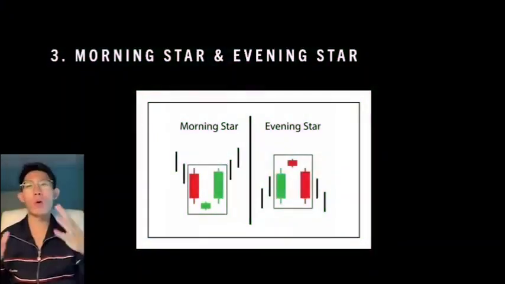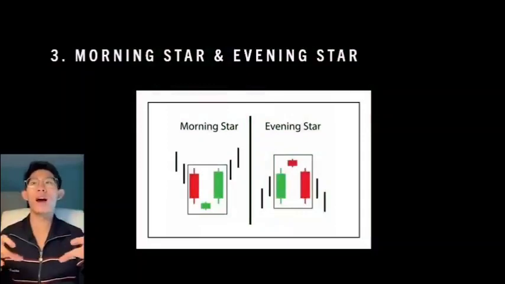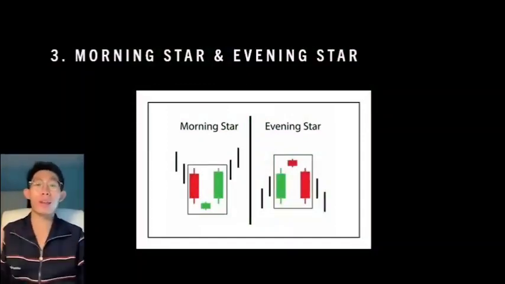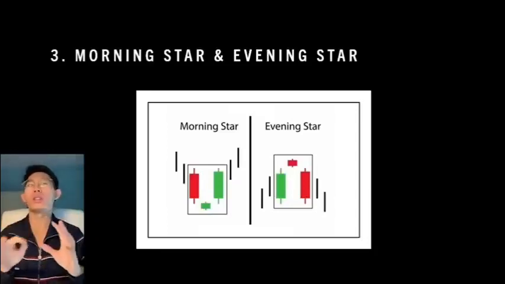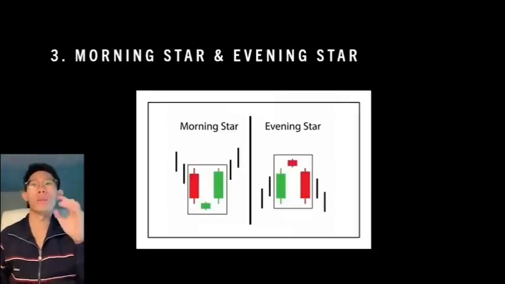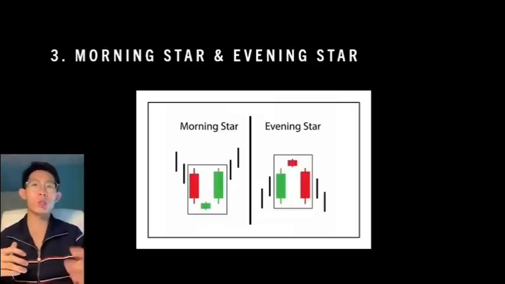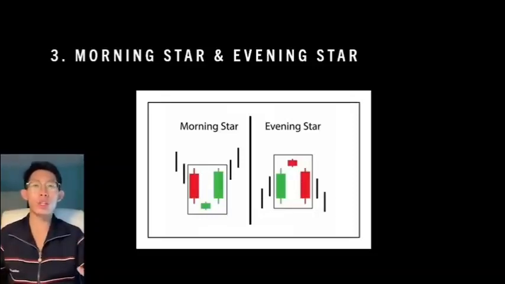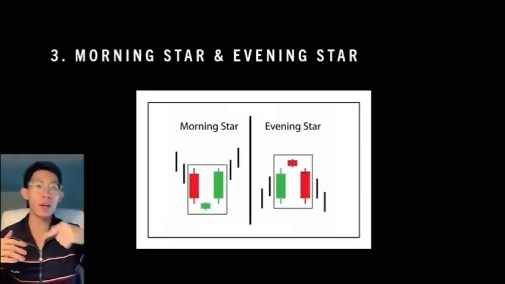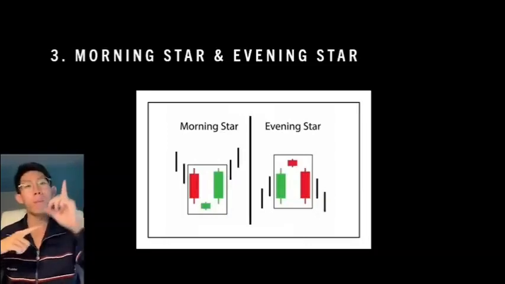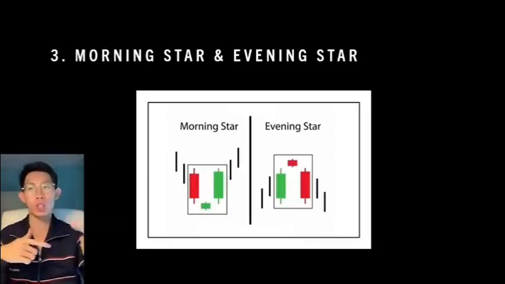Number 3 is your morning star and your evening star. These are some of my most favorite candlestick patterns because they work, I would say, 90% of the time. The morning star is a bullish three-candlestick pattern that shows us that price is potentially at the bottom of a downtrend, and this means that price is about to reverse and head back up in the opposite direction.